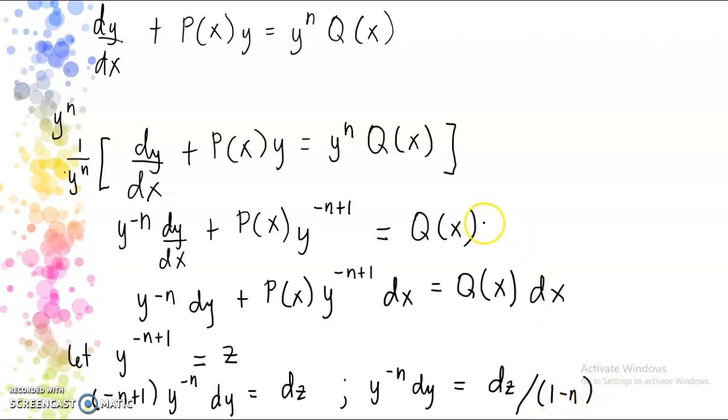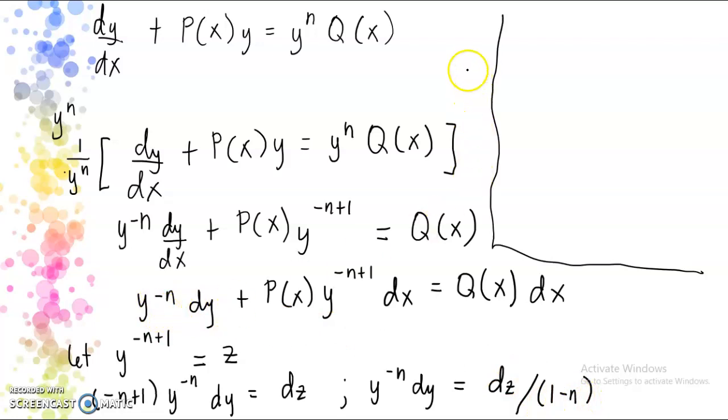Then substitute y negative n dy with dz over 1 minus n.